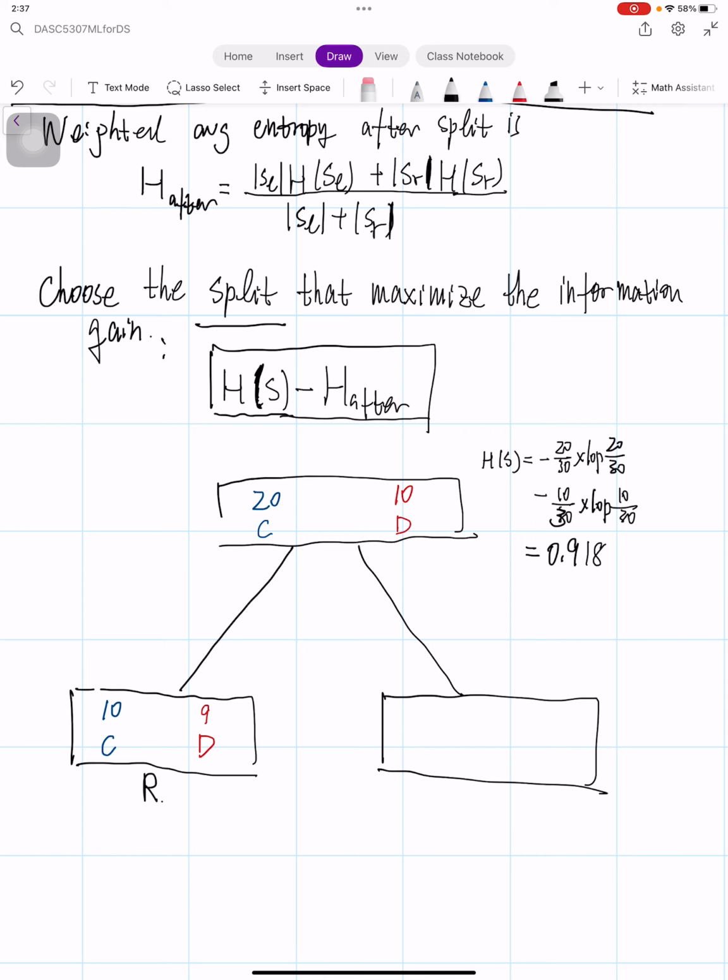This is S left, this is S R. On the right node, we have 10 cases labeled as C, 1 case labeled as D.